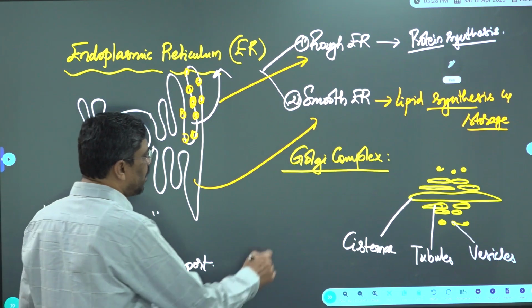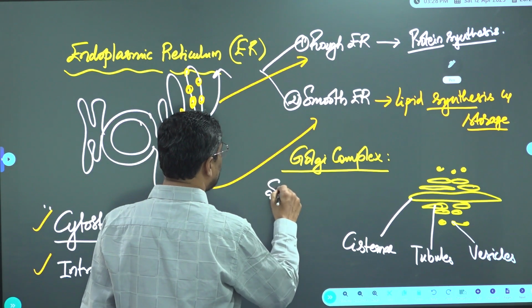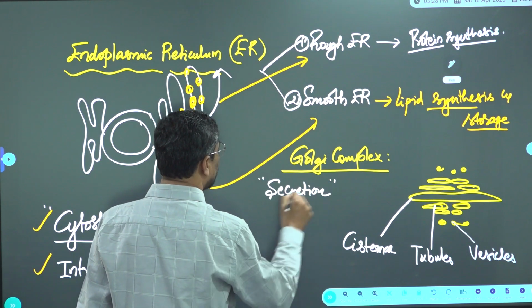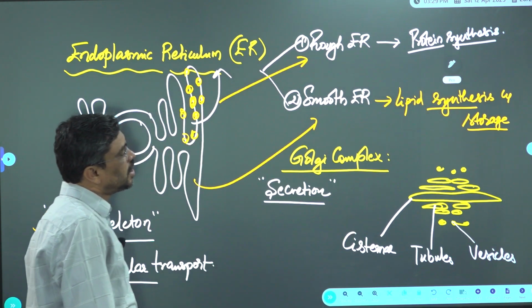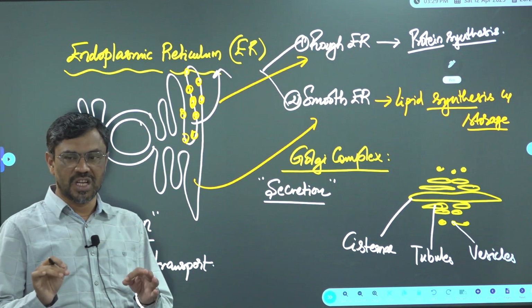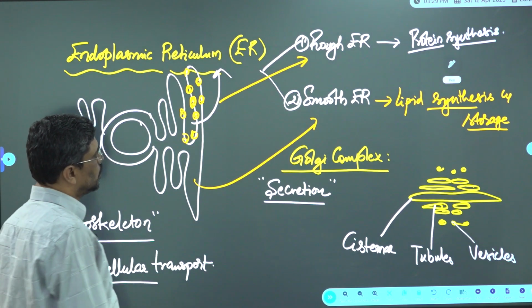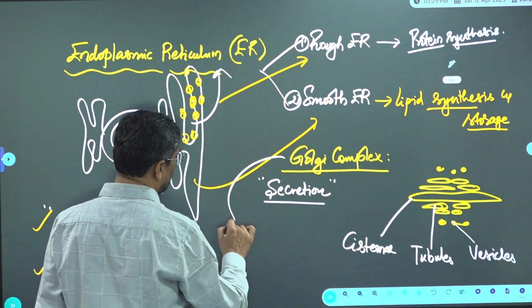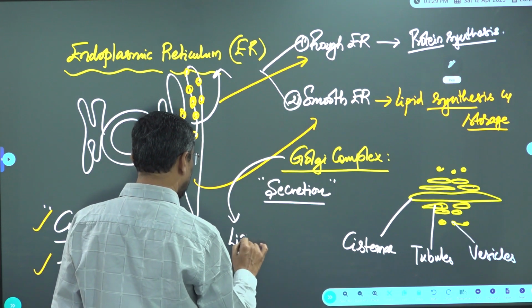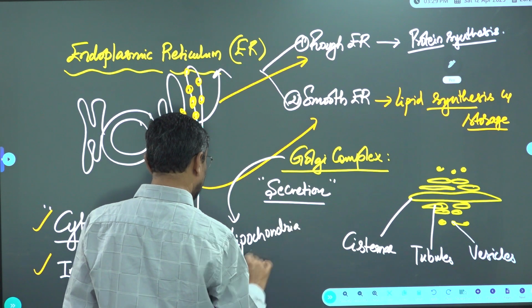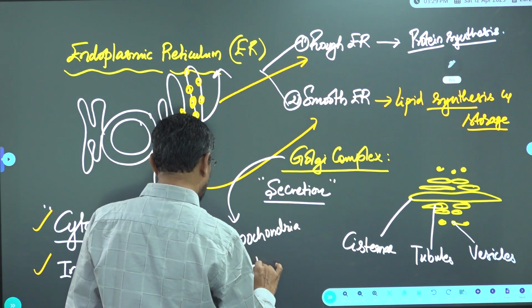This Golgi complex's main function is secretion. Secretion means it secretes some chemicals which are necessary for protein synthesis. The Golgi complex is also called lipochondria and dictyosomes.